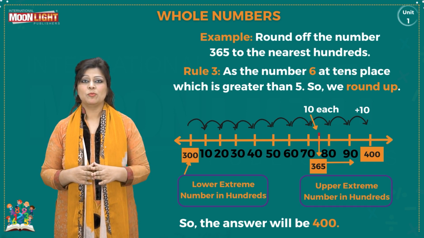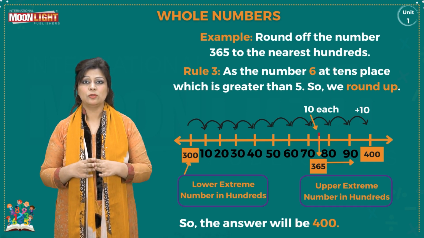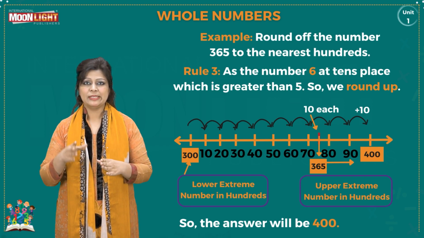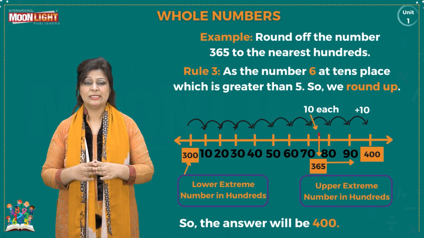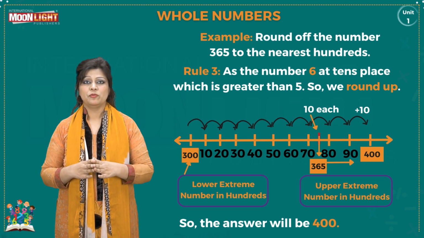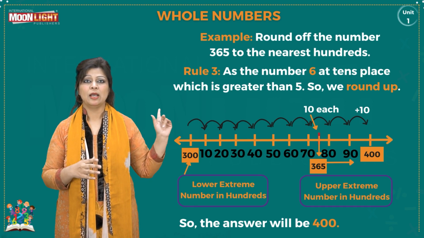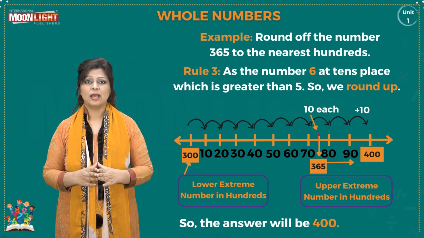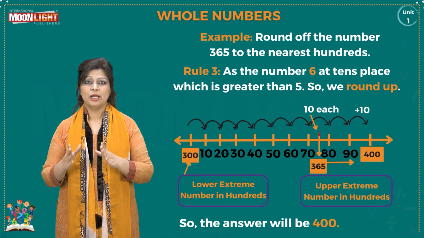Because 6 is more than 5, we are going to round up. Round up means we make the tens and ones digits both 0, and we also add 1 in the hundreds place to get the answer. For example, here the answer will be 400.